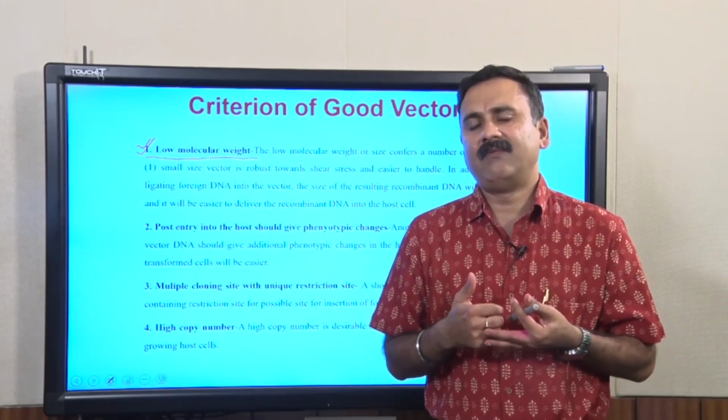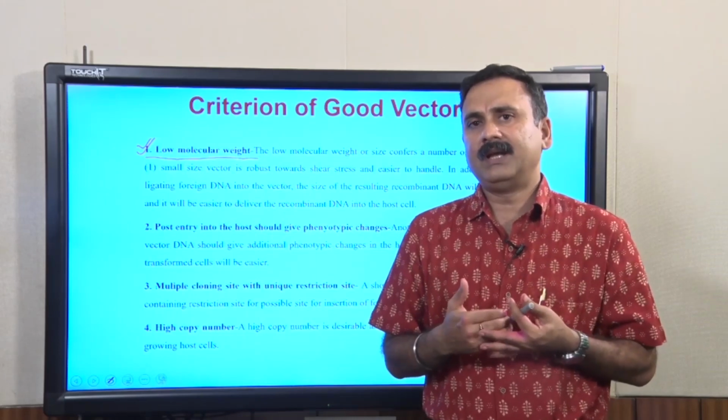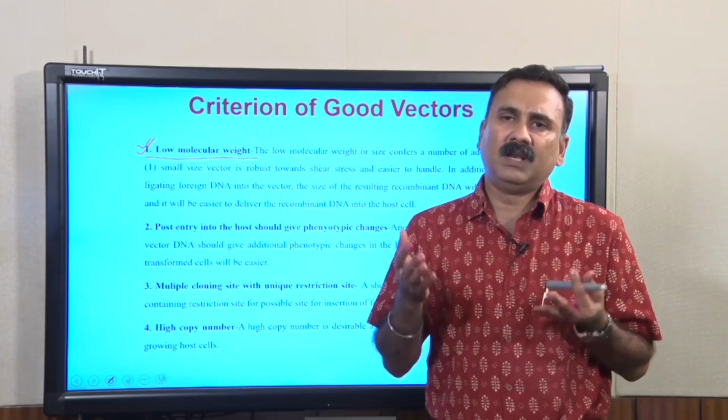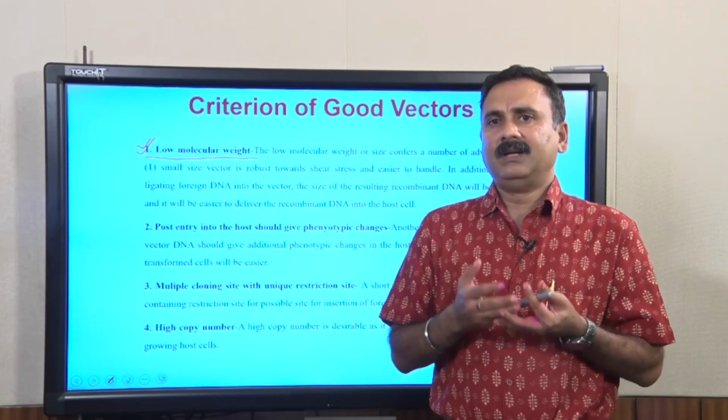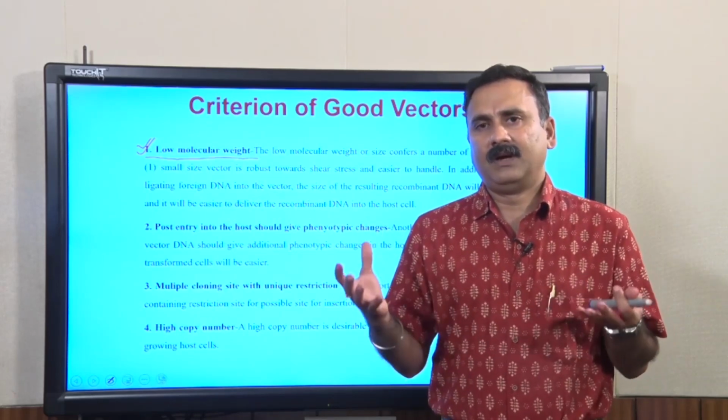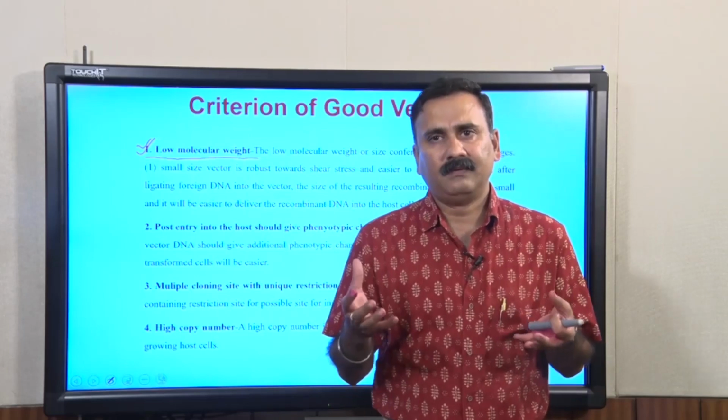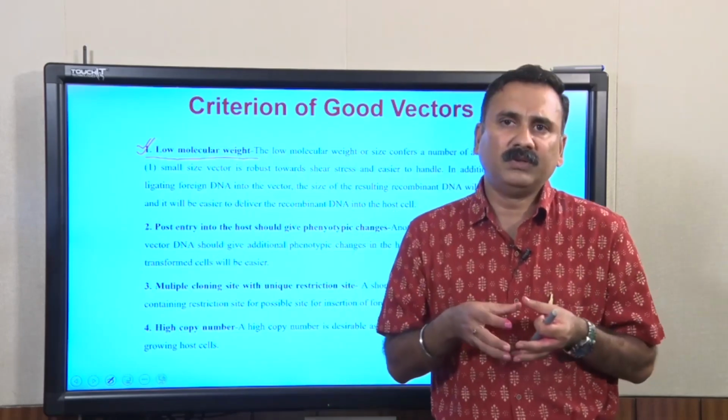For example, if you have a vehicle which can run 14 kilometers on 1 liter, it still depends on the weight you put into the vehicle.